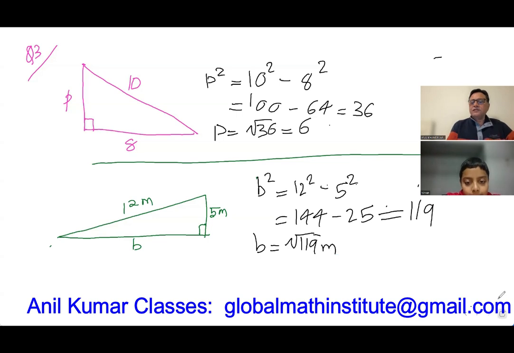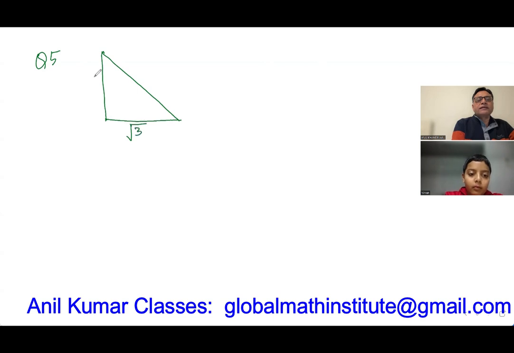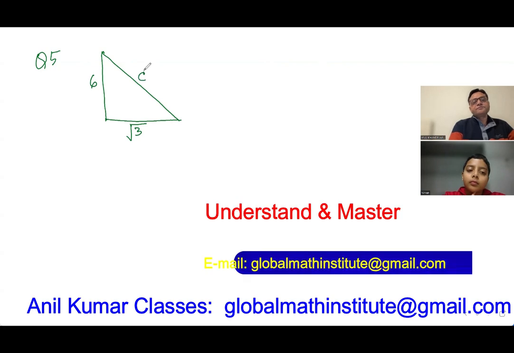Perfect. Now let's get to slightly difficult questions. Here is question number 5 for you. In the triangle which I am giving you now, one of the lengths is a radical. Let us say the length is square root of 3 and one side is 6. Can you find the hypotenuse C for me?